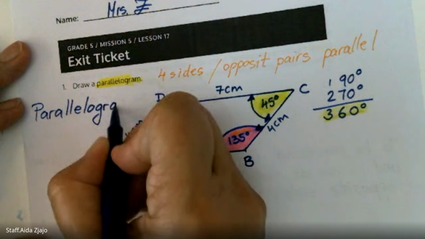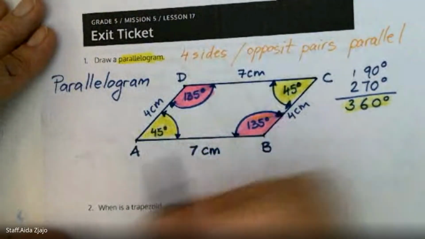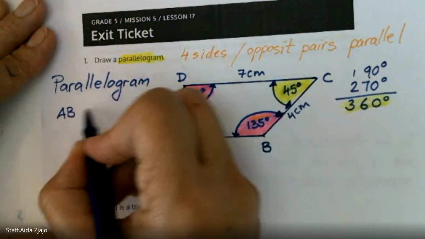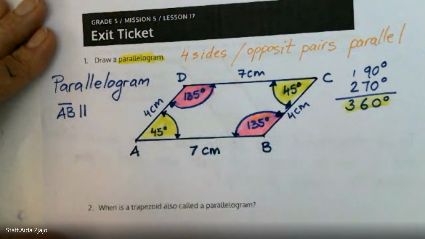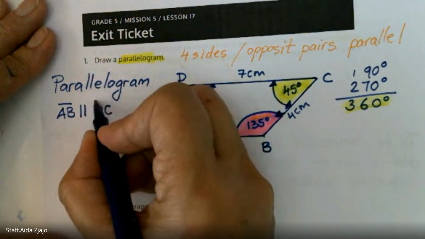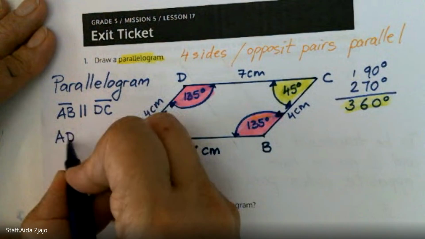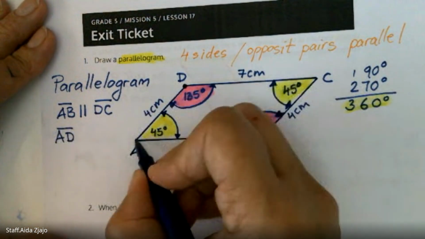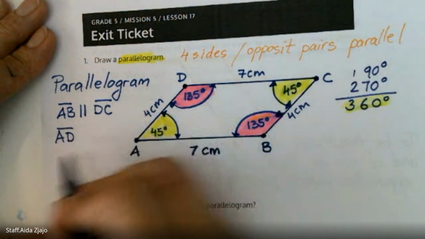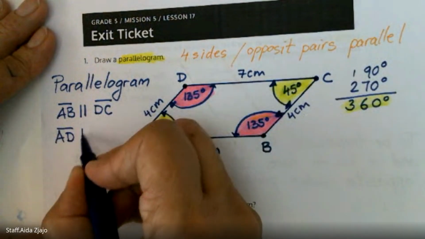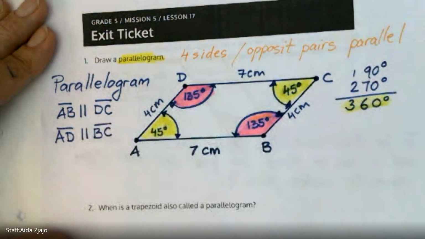Now we can label those. So AB line segment is parallel to the CD line segment, and the AD line segment. So here is the D. I'm going to make points. AD line segment is parallel to BC line segment.